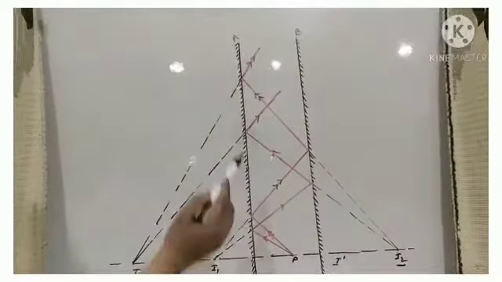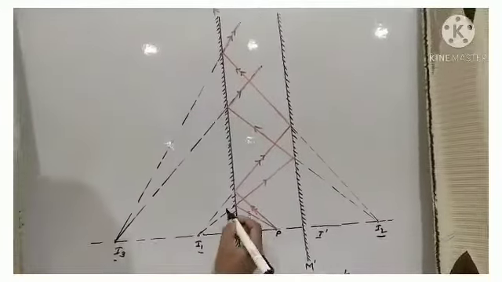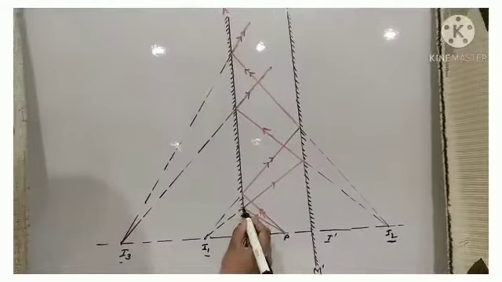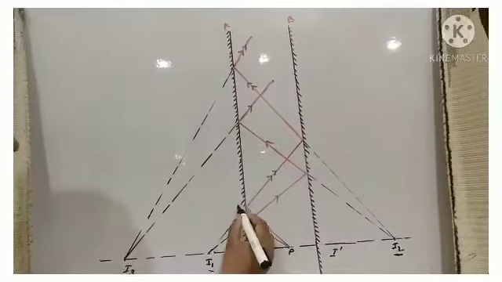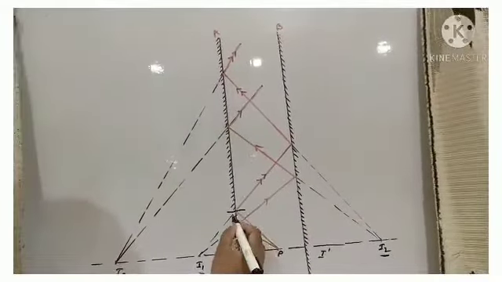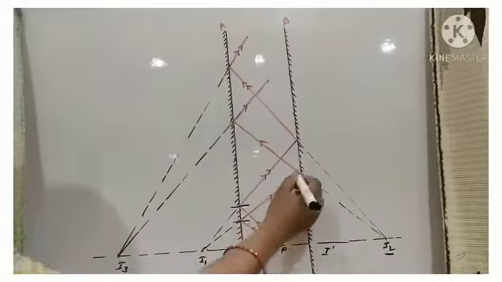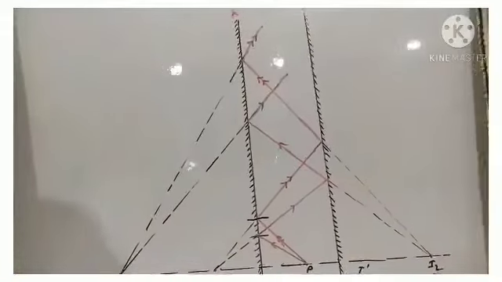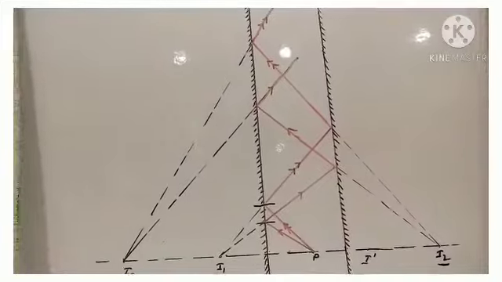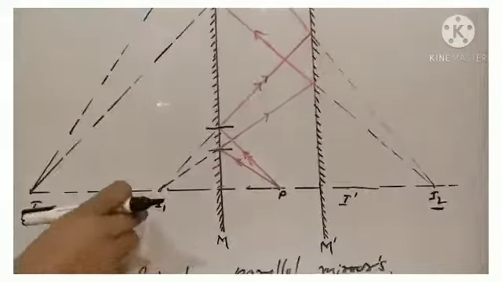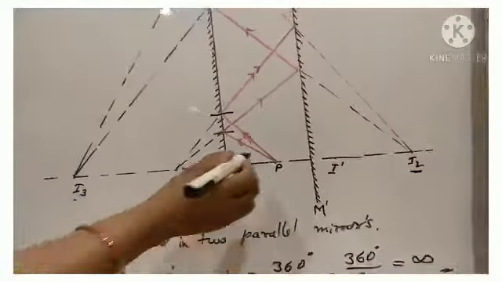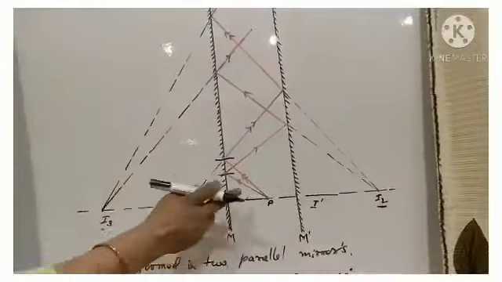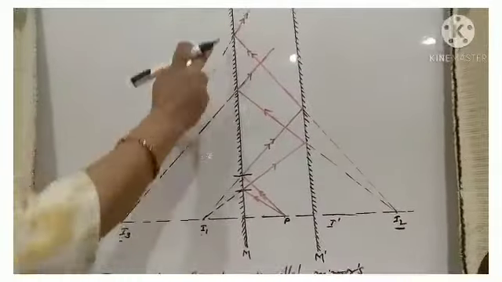It strikes the mirror AM, that means there will be a normal, and hence you can see it reflects back. When we extend it, it meets at the point I1, which is the image of this P when we strike the two incident rays on the mirror AM.